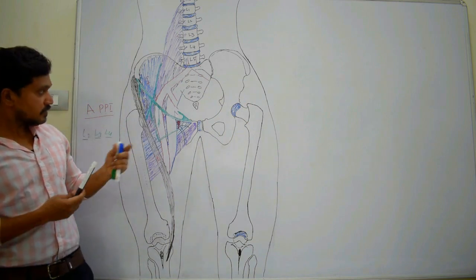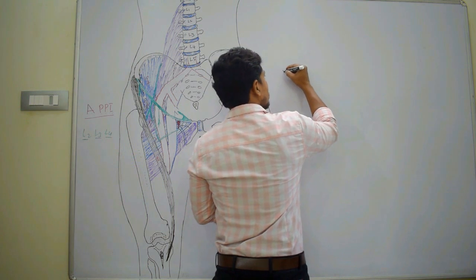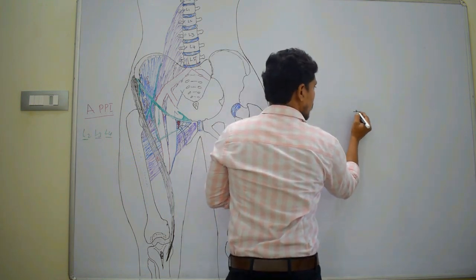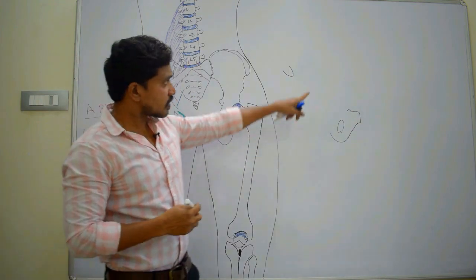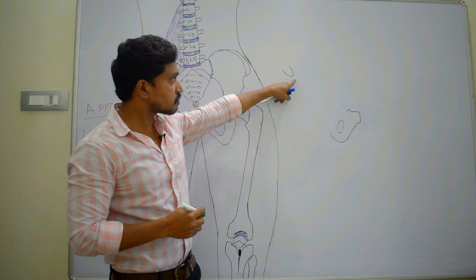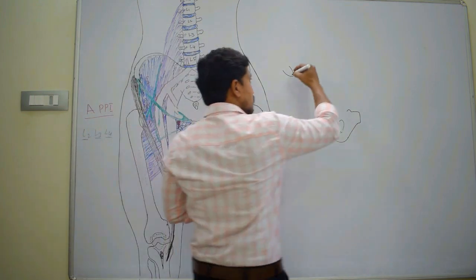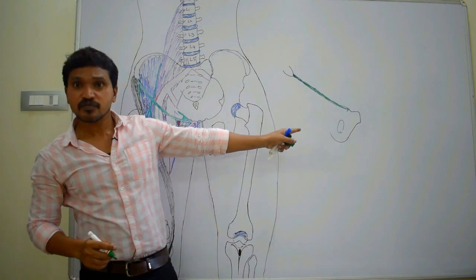For that, I am taking a rough diagram of this area. This is the anterior superior iliac spine. And here symphysis pubis and here pubic tubercle. There is one ligament stretching from the anterior superior iliac spine to the pubic tubercle. This ligament we call the inguinal ligament.